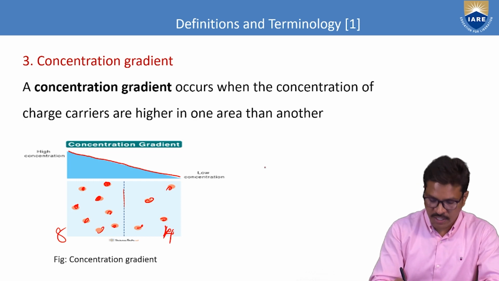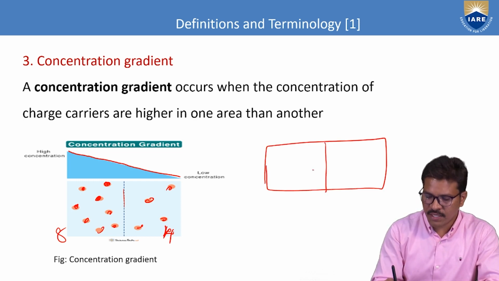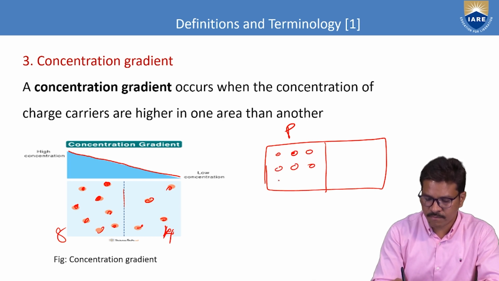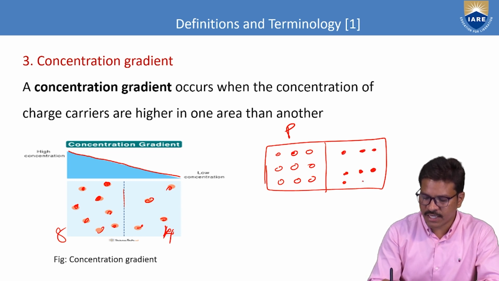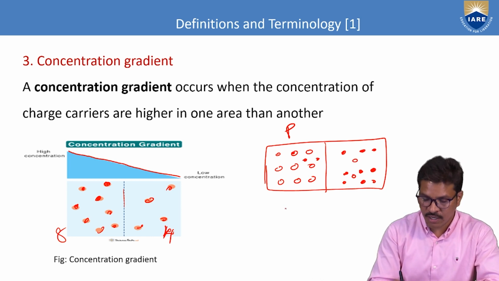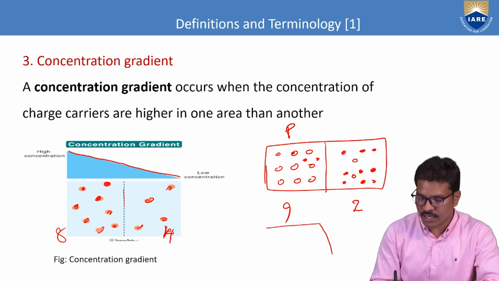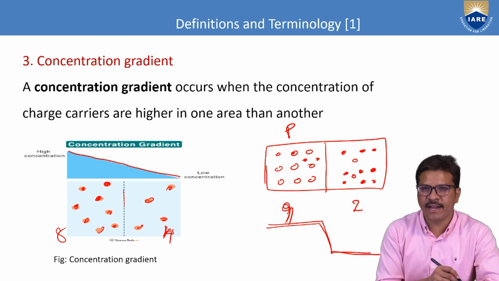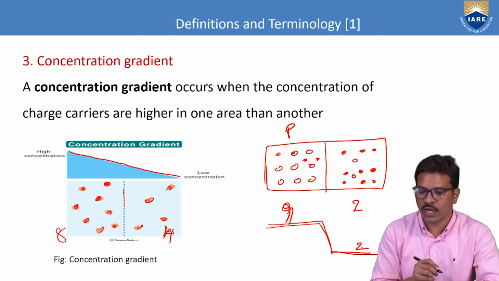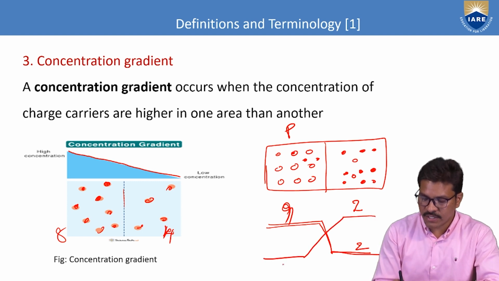In a p-n junction diode, the P-type has majority charge carriers of holes, and the N-type has majority charge carriers of electrons, with minority carriers being holes. On the P side there are 9 holes and on the N side 2 holes. On the N side 9 electrons, on the P side 2 electrons only. This kind of difference in the charge carriers is called a concentration gradient.